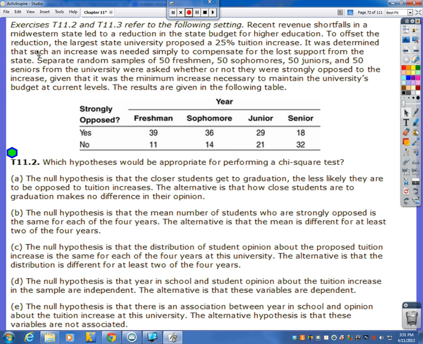It was determined that such an increase was needed simply to compensate for the lost support from the state.